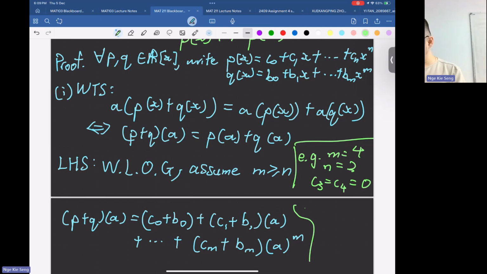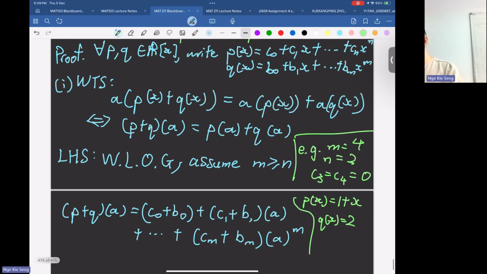So an explicit example: p(x) is 1 plus x, q(x) is 2. How do you make them the same degree before adding? You add to q 0 times x, so that p(x) plus q(x) equals 2 plus 1 plus 1 plus 0 times x.